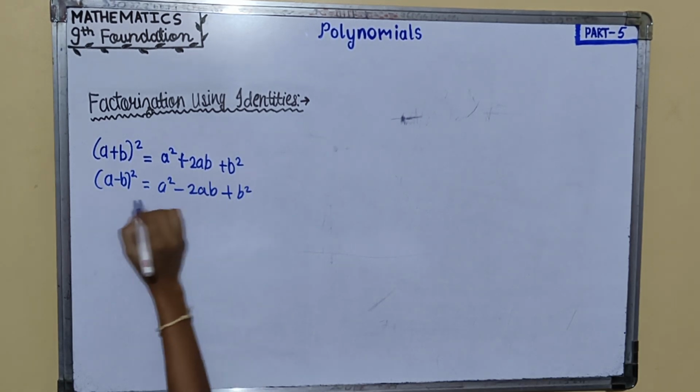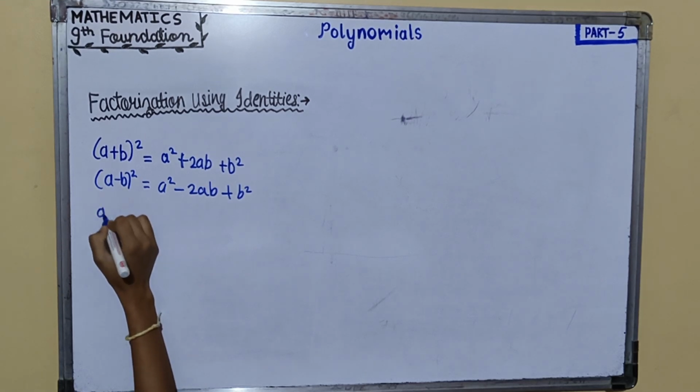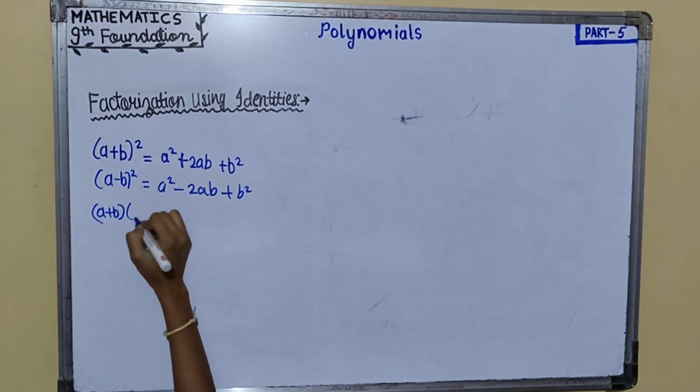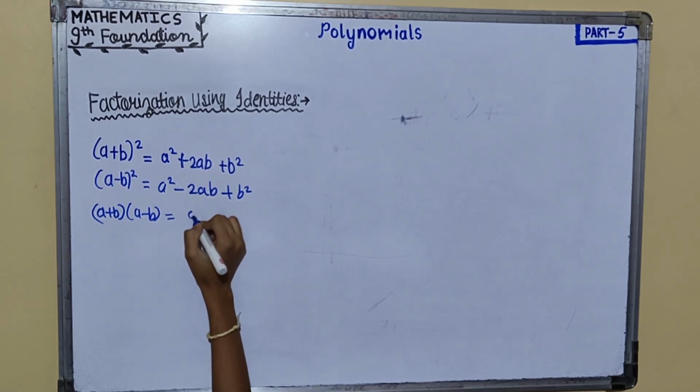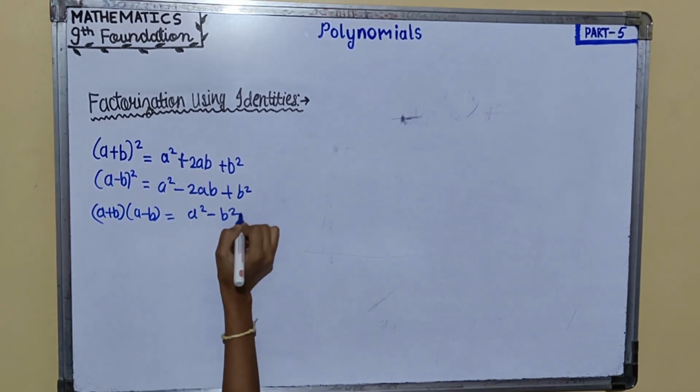plus b square. Third one is a plus b in bracket multiplied by a minus b in bracket. So we get a square minus b square.